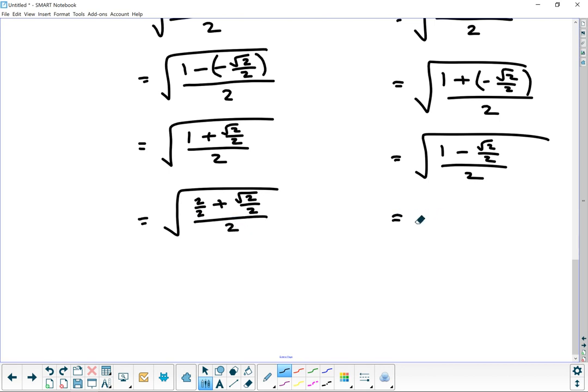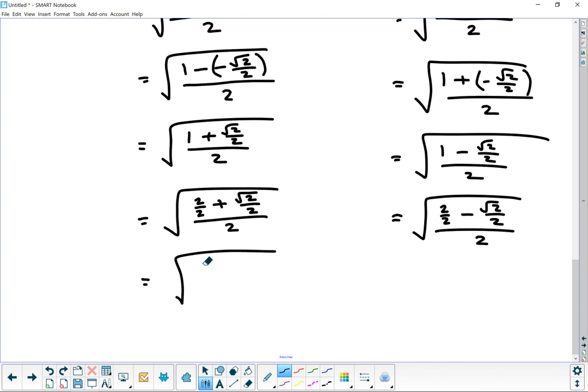And this one will be, again, the 1, I'm changing it to 1 over 1 and then multiplying that by 2 over 2 to get a common denominator. So I'll have 2 over 2 minus radical 2 over 2, over 2. Okay, and this will give me 2 plus radical 2 over 2, over 2.